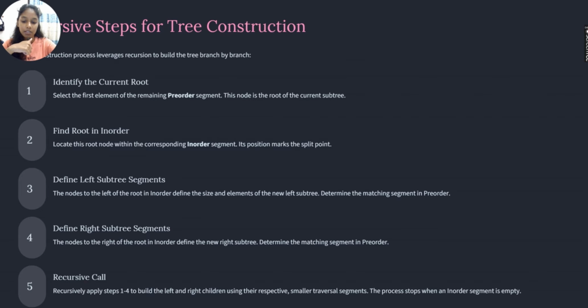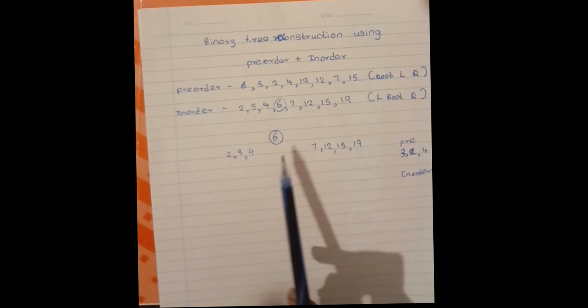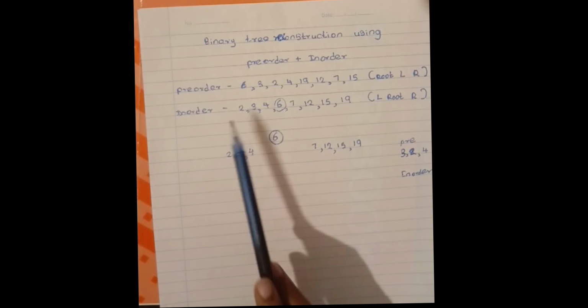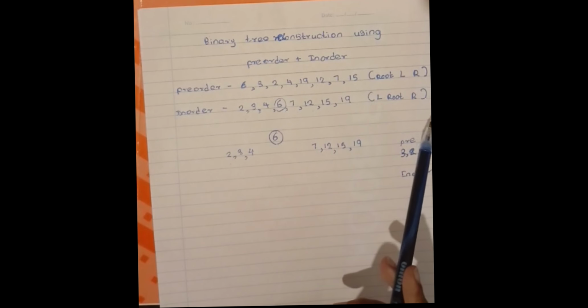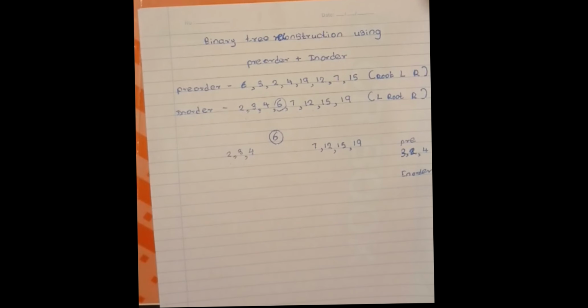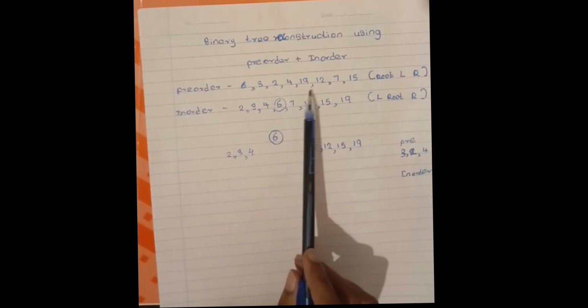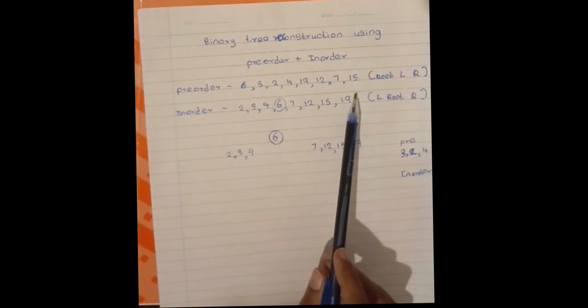Now let's move to the next example, binary tree reconstruction using Preorder plus Inorder. In Preorder there are 6, 3, 2, 4, 19, 12, 7, 15.